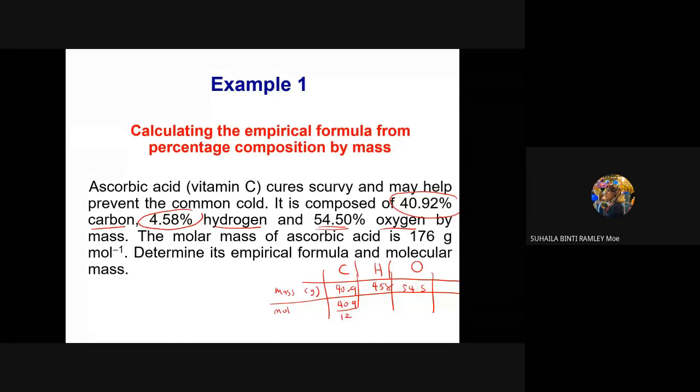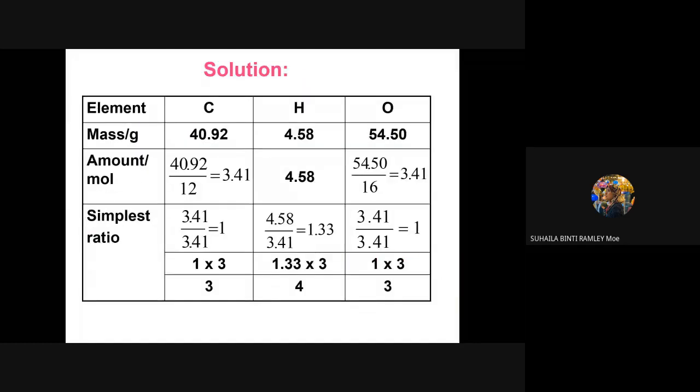So mole divide by AR. So carbon ialah 12, hydrogen divide by 1, oxygen divide by 16. Okay, this step, hati-hati. We don't want you to round off to 1 decimal point.